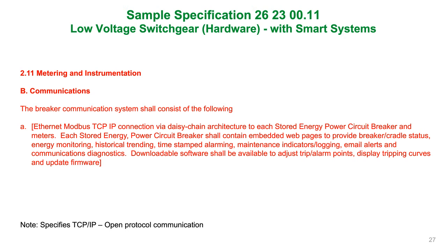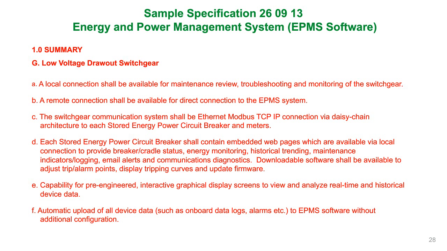And this specification allows you to really see that these are out there. So you should be looking for manufacturers that can provide this kind of a spec and pull this information in a convenient way. Another spec that I'll show you real quickly is an EPMS spec.